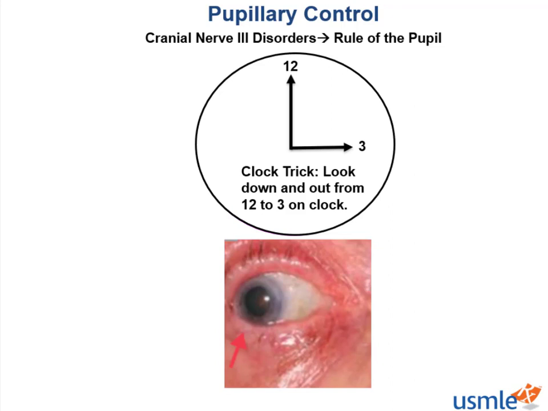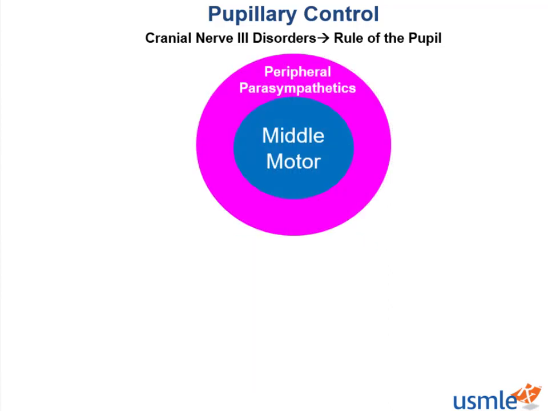Now, it's called the rule of the pupil because not all cranial nerve 3 lesions present with pupillary dilation. For example, pictured here is an artery providing blood supply to cranial nerve 3. If that artery develops diabetic atherosclerosis, for example, this will reduce blood supply to cranial nerve 3. However, this will preferentially affect the middle motor fibers, as they are the farthest away from the partially occluded artery.